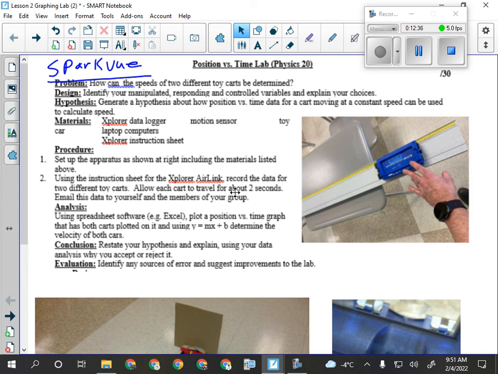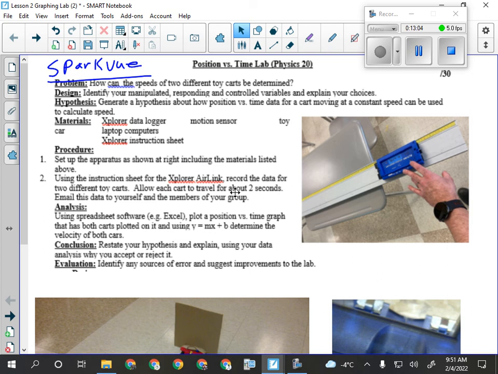So what we're going to be doing with that data is this. We want to be able to calculate the speeds of these carts using a position versus time graph. So we're going to be collecting the position and time data for these 2 trials, or 3 trials, whichever we decide to do. And then we're just going to plot position versus time graphs for both, and then we're going to get the velocity from that graph, and then we'll do a couple of little calculations like I showed you yesterday.